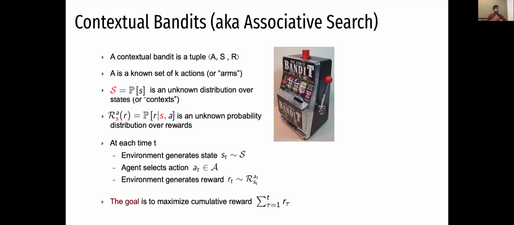At each time t, the environment generates a state s_t that belongs to the set of states. The agent selects an action a_t that belongs to the set of actions, and the environment generates a reward r_t. The goal is to maximize cumulative reward.